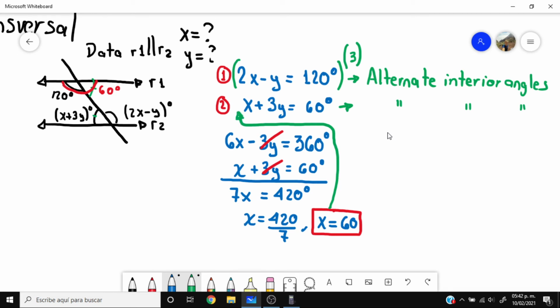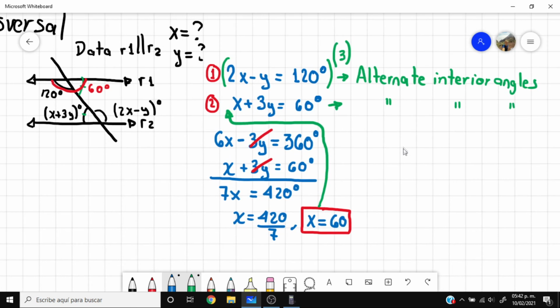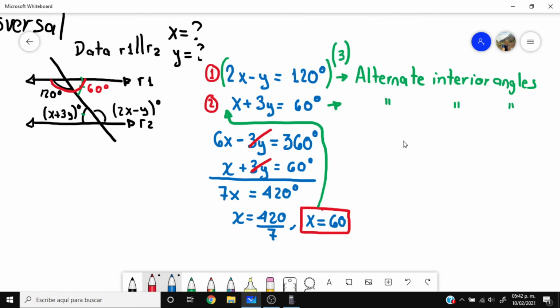In this case, I'm going to substitute it in the equation number 2. So x equals 60, so it's going to be 60 plus 3y equals 60 degrees. I'm going to move 60 from the left to the right. So 3y equals 60 minus 60. 3y equals 0.